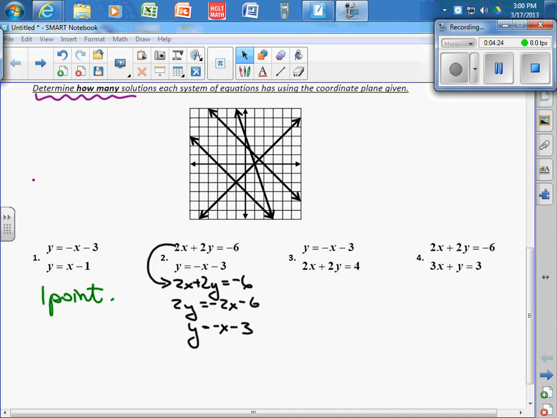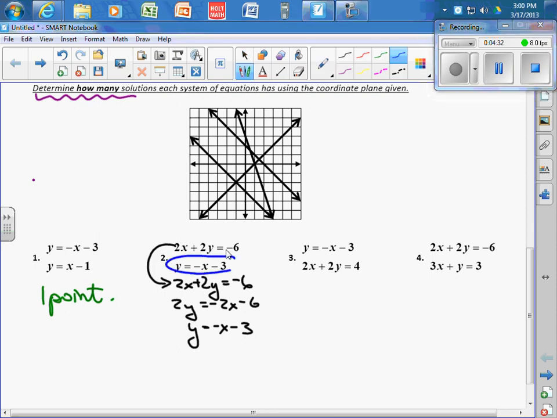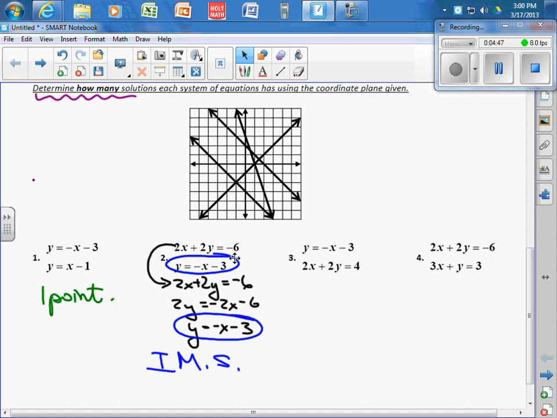In the second example, if we take 2x plus 2y is equal to -6 and solve for y, we get y is equal to -x minus 3, which is the same as this line. So since they're both the same line, how many points do they have in common? We're going to say that there are infinitely many solutions in common because they are the same line.